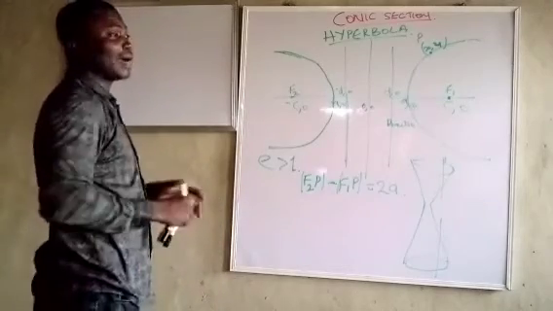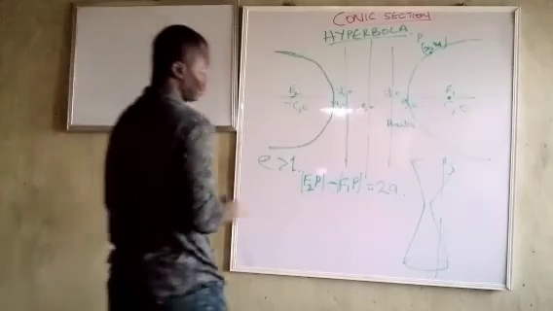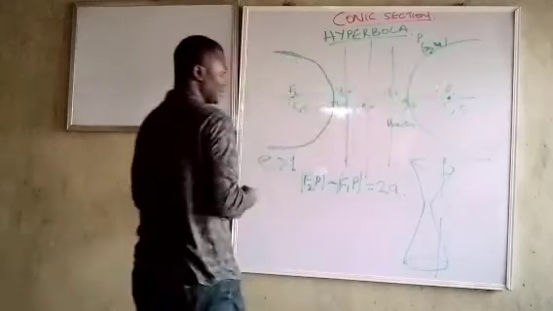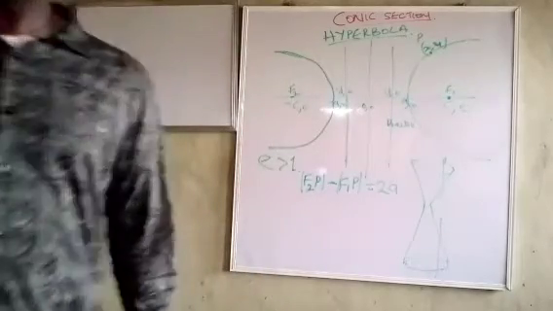So when you are handling any question, if you are given the distance of a point from the first focal point, you can get the other one.